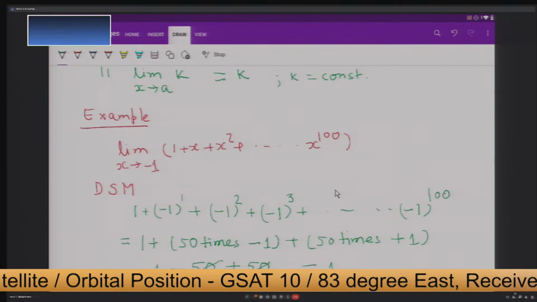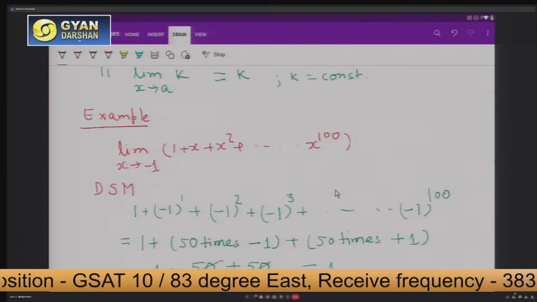So the limit of this function will be equal to 1.